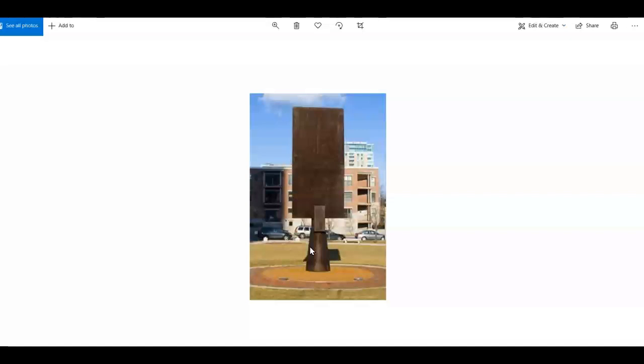So the first thing we're going to talk about are the several kinds of balance that we name. And the first one is symmetrical balance, where one side looks like the other. The weight of one side is exactly the same as the other. Now, this piece is actually perfectly symmetrical.